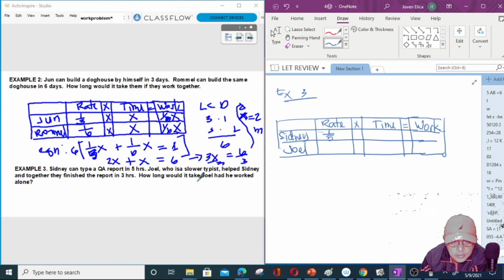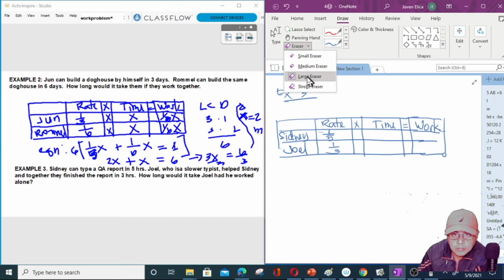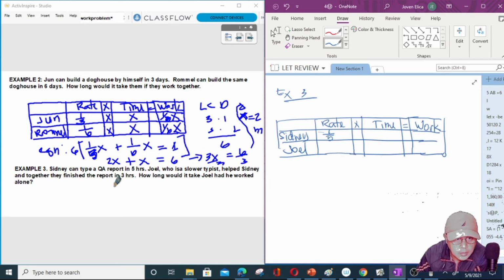Joel, who is slower, helped Sydney, and together they finish the report in 3 hours.